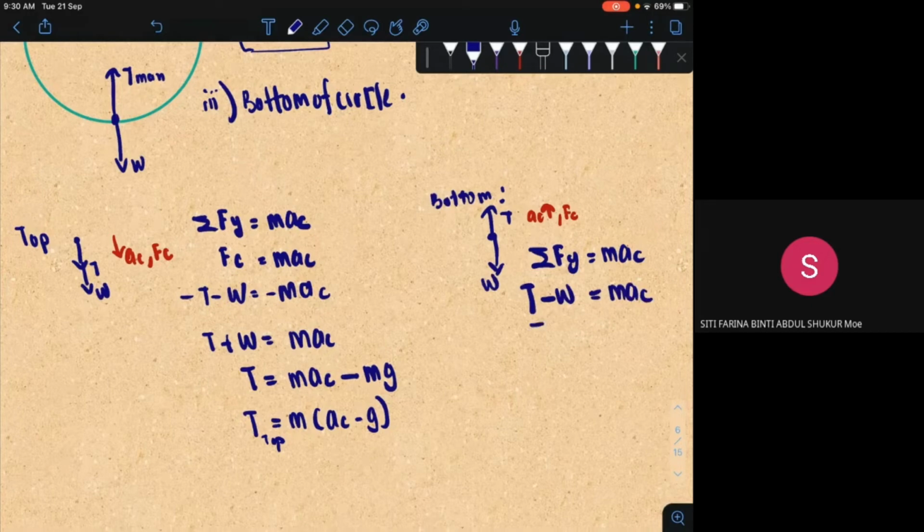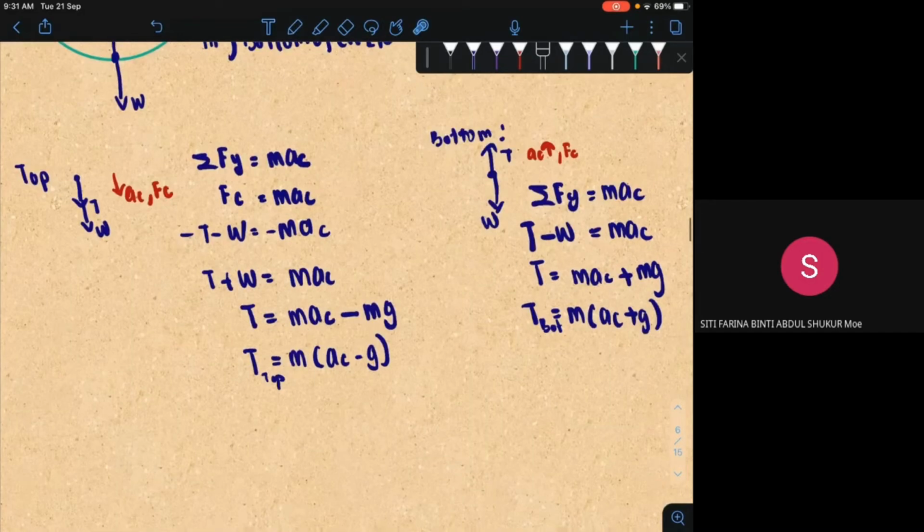Okay, so T kamu akan sama dengan MAC, W bawa ke situ jadi plus MG. So factorize the M, AC plus G. Okay, ini adalah at the bottom. So as you can see, tengok pada kedua-dua tension yang kamu dapat, T at the top adalah acceleration kamu kena tolak dengan G.